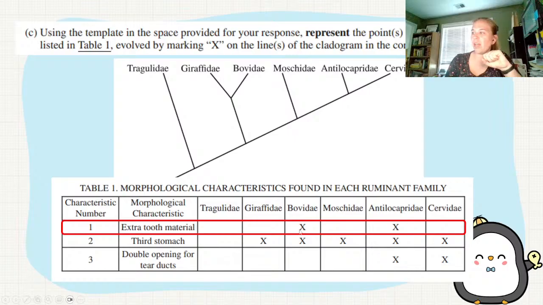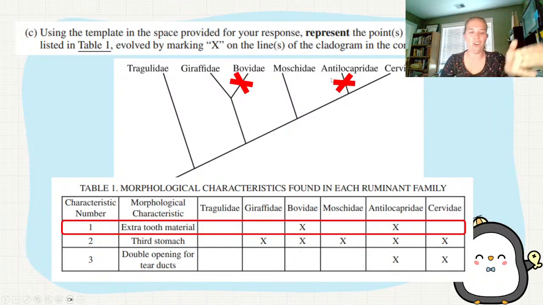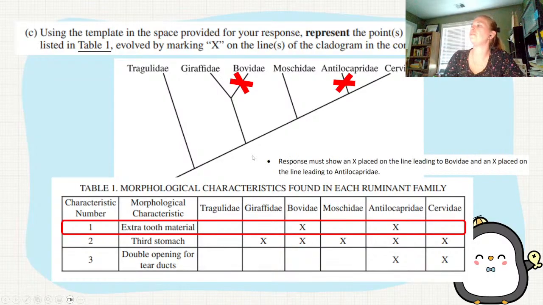We can see the bovidine or whatever it is, and the anthrocappa, whatever it is, is going to get the X. So if I put an X there and an X there, you're just putting the X on that lineage going to that group or that individual. So I hope that answers that person's question.